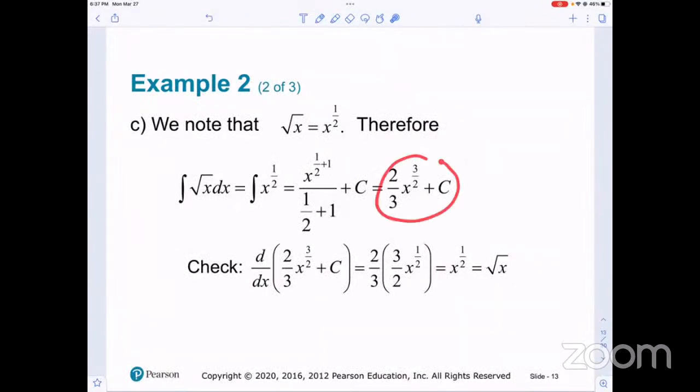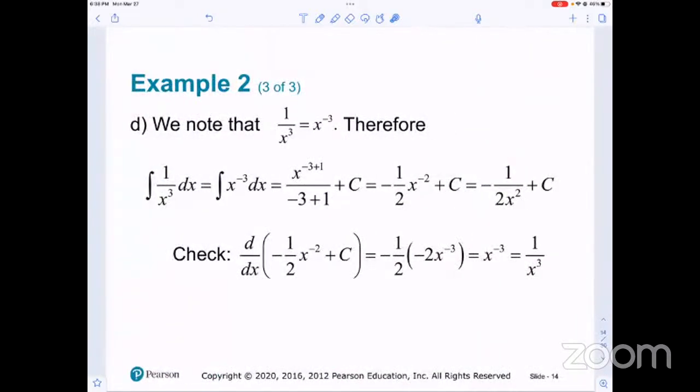But dividing by 3/2 is the same as you flip and multiply, so multiplying by 2/3. So we got that one. And for D, we said this, we didn't write it, but we said it. The main thing is that we're getting the concept here. If anything is not clear, just feel free to unmute yourself to get my attention and we can talk about it.